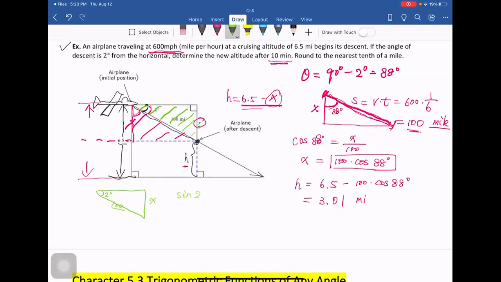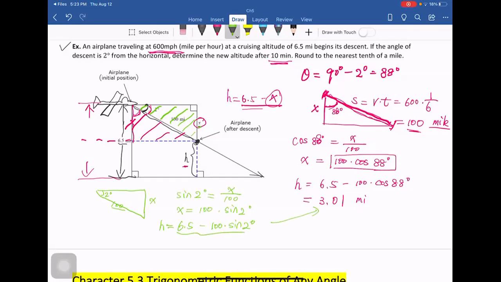Sine 2 degrees equals x over hypotenuse 100. X equals 100 times sine 2 degrees. And if we use h equals 6.5 minus x, which is 100 times sine 2 degrees, and use a calculator, we will have the same result.